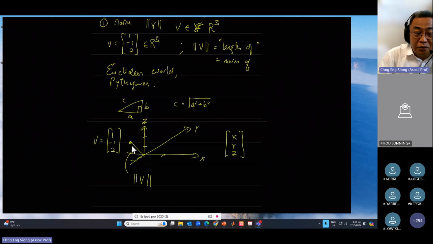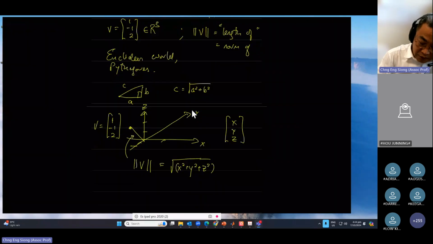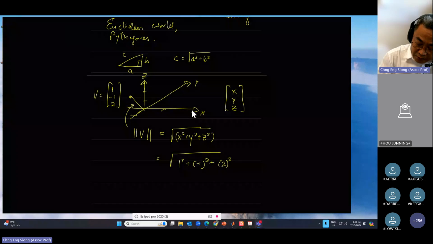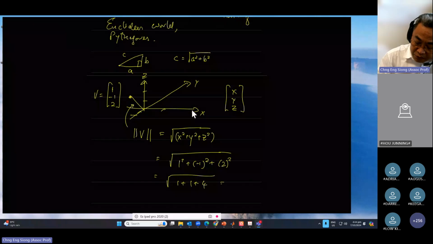So we can use the same idea of the Pythagoras theorem, but now in 3 dimensions, which is the square root of x squared plus y squared plus z squared. In this very simple example, we do 1 squared plus (-1) squared plus 2 squared. Then we get 1 plus 1 plus 4, so we get the square root of 6.